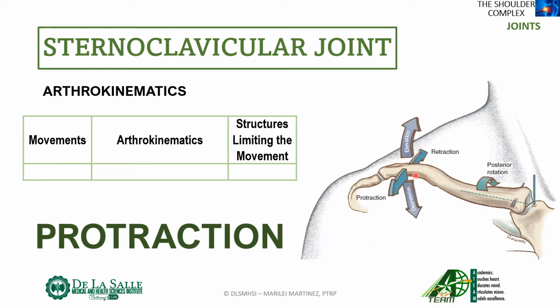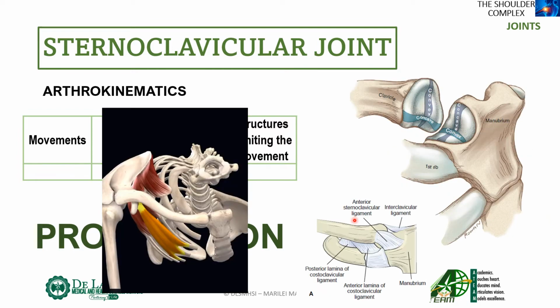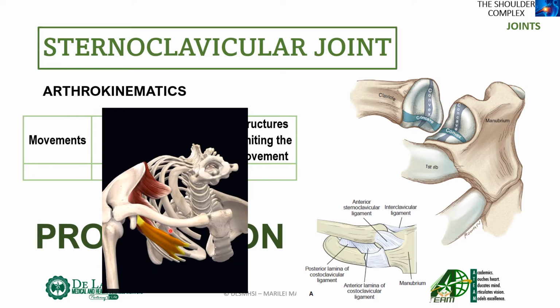If you imagine, the shaft of the clavicle is moving anteriorly. So we follow that for the roll, and since this follows the same rule, the direction of slide or glide of the clavicle will also be anterior. Why anterior? As you can see, we have here a video.